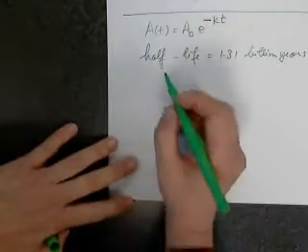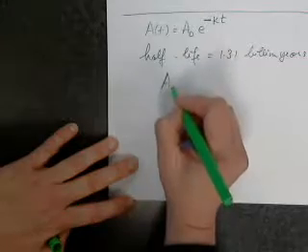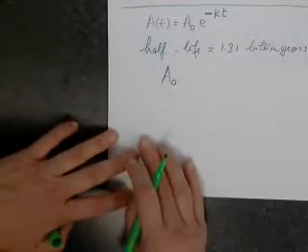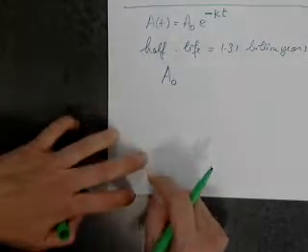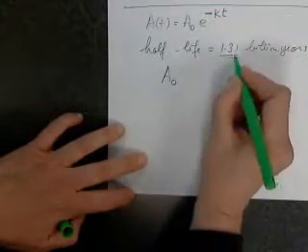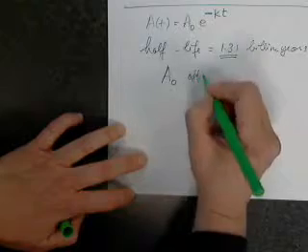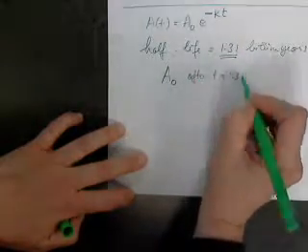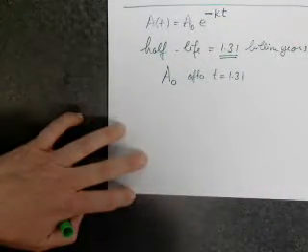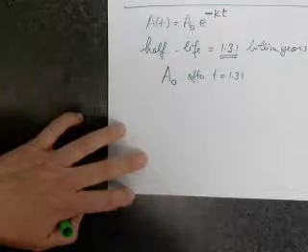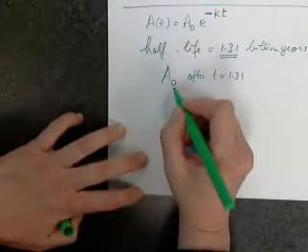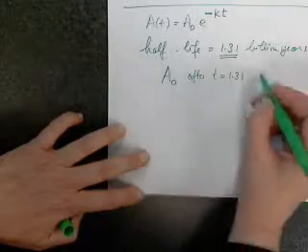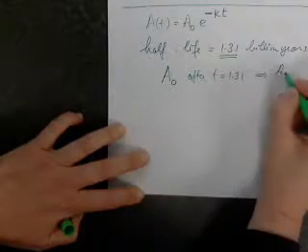It means that if we start today with A0, let's say a gram of potassium 40, after t equals 1.31 billion years, the initial amount will become half.